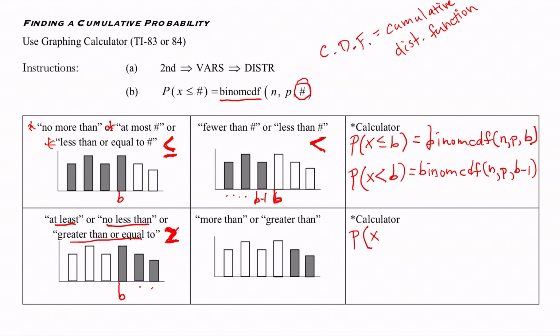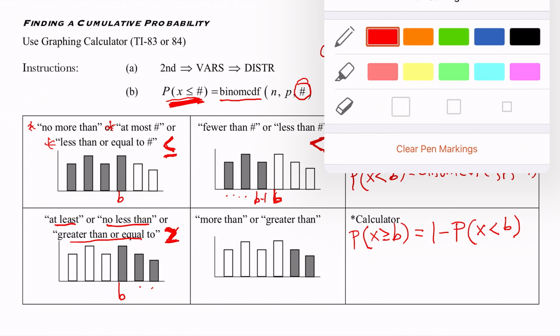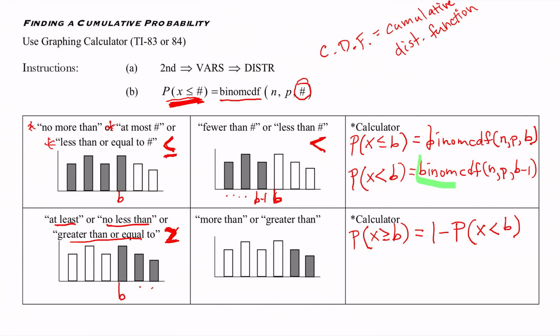The binom CDF only takes into account the probability that x is less than or equal to some number. So to compute the probability that x is greater than or equal to B, we use the complement: 1 minus the probability that x is less than B, which I can then compute with the formula here.